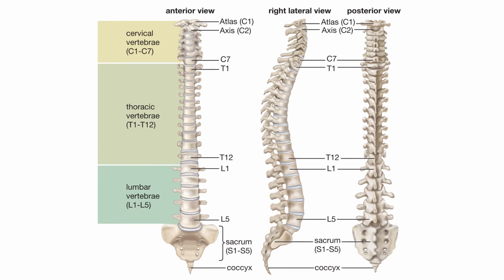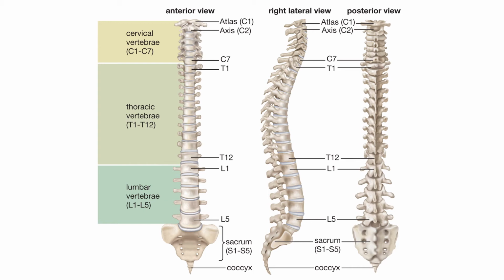Okay, and I had a student tell me once, well, how do I remember how many vertebrae are there in each group? Okay, because on the exam, we may just have you name, let's say, this one. And so you need to know how many vertebrae are in each group.